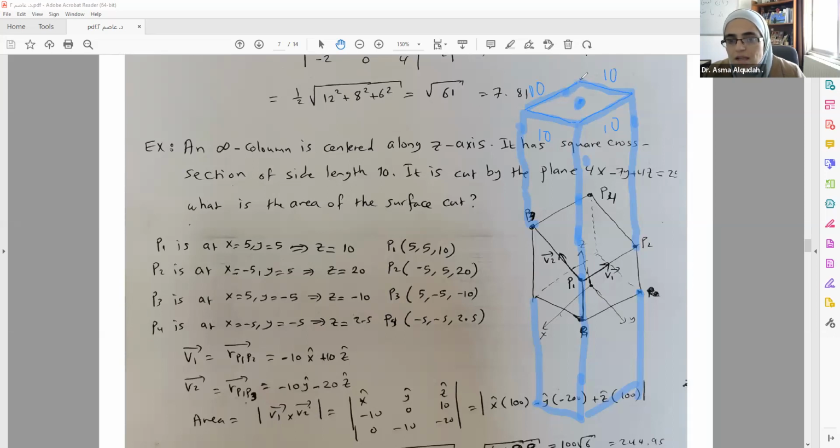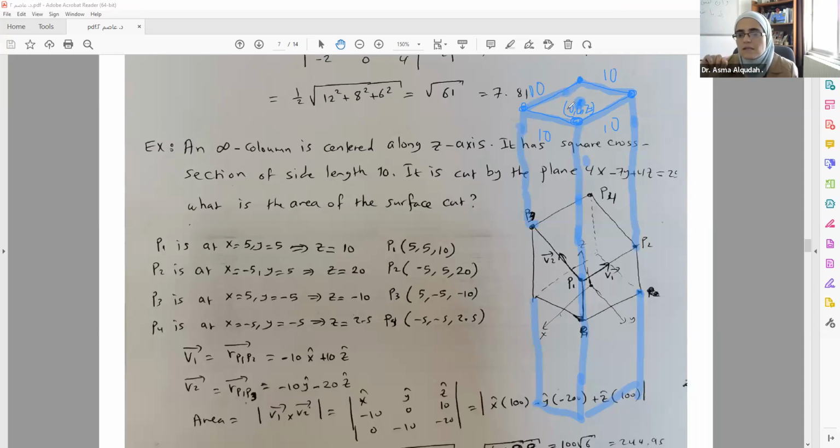So we can find the coordinates of the corner points of the column. The center point is 0, 0, z: 0 in the x, 0 in the y, and let's give it some height in the z direction.